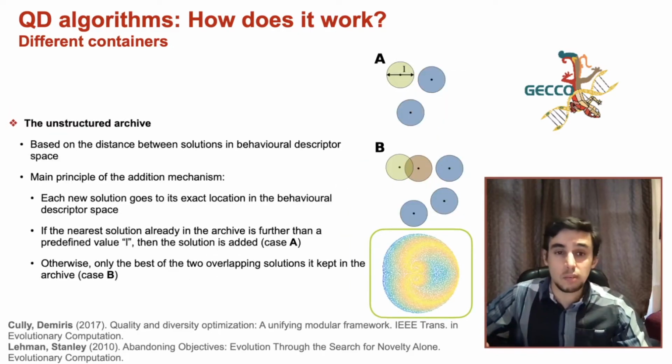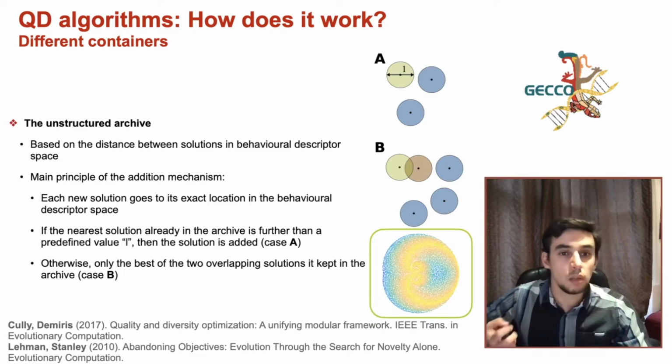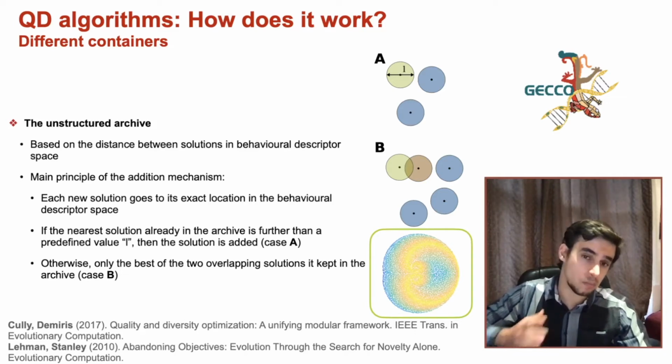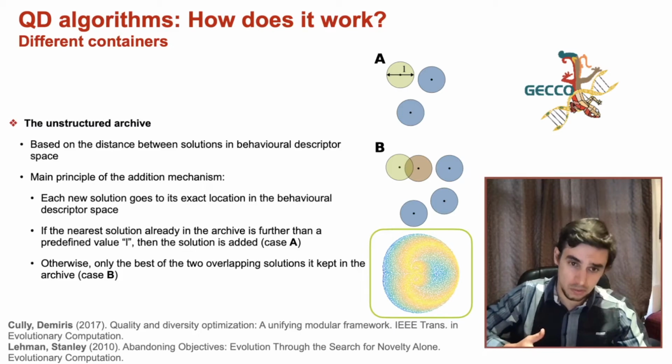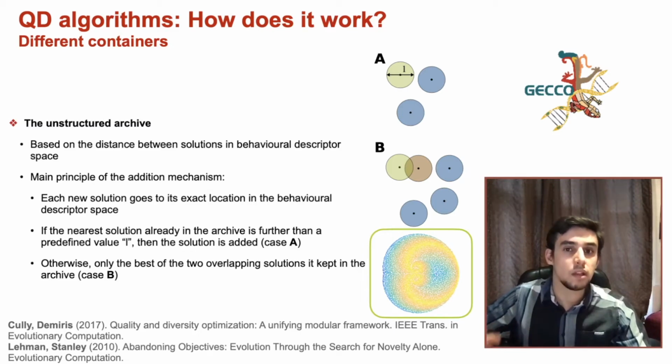The second type of container is the unstructured archive. The idea in this case is that the solution will go directly and precisely to the location defined by the behavioral descriptor, so not something that is approximated or discretized according to the different cells of the grid, but directly to the location. The solution is added at its exact location defined by the behavioral descriptor.